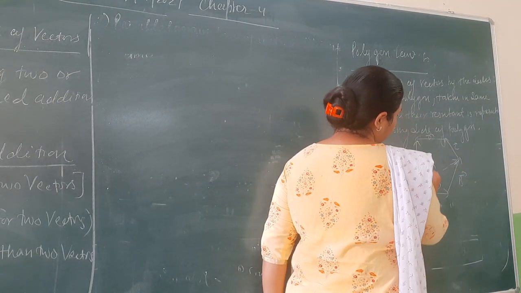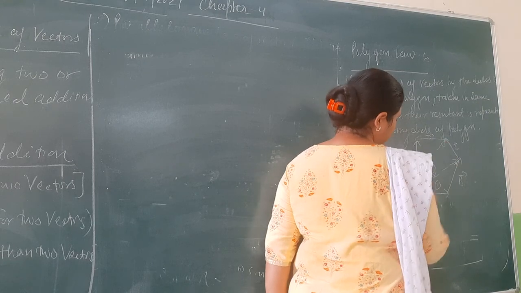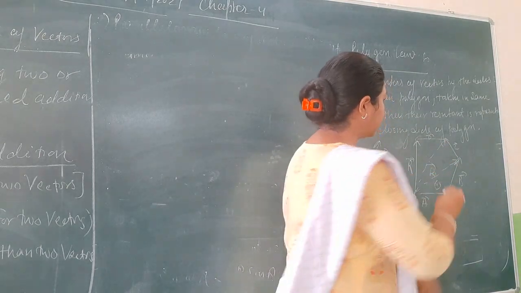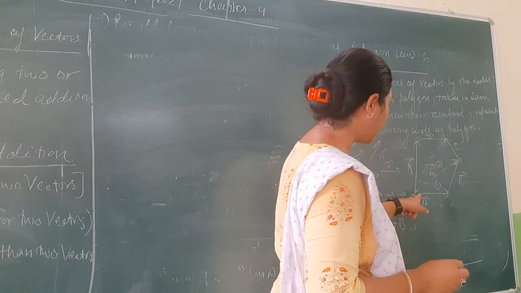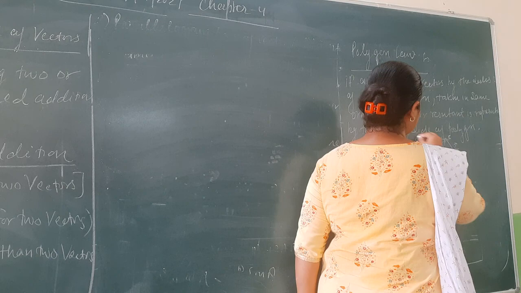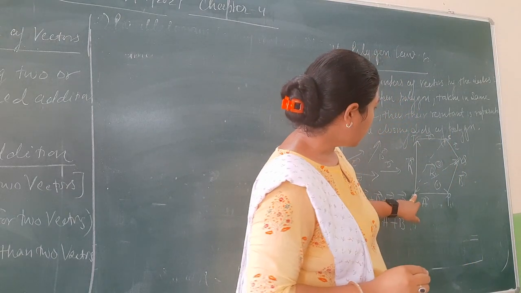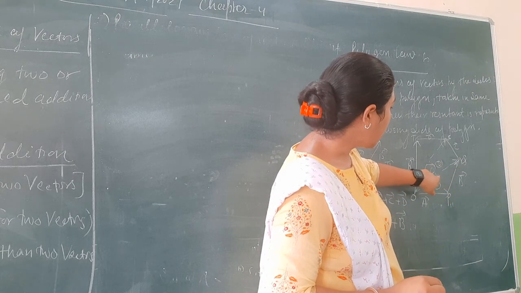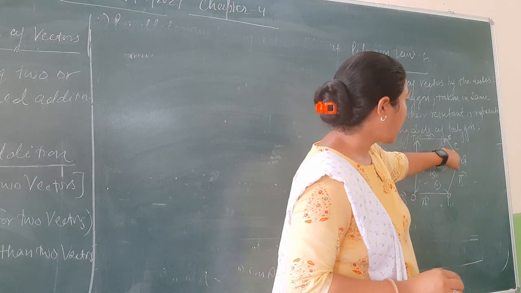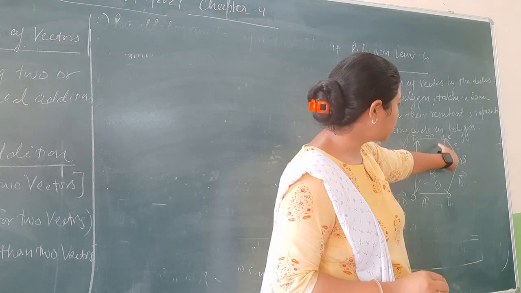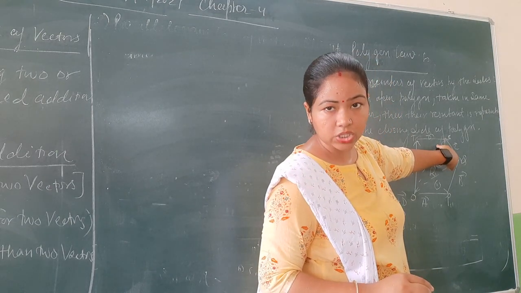Now we'll again draw a line from point O to point C, right? Now see the other triangle, O Q S. In this triangle, R1 is one vector and C is another vector, which are in the same order. Now the third side will represent the resultant of these two vectors.